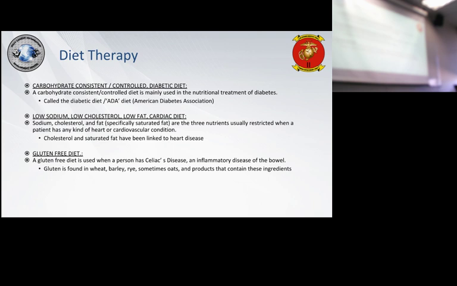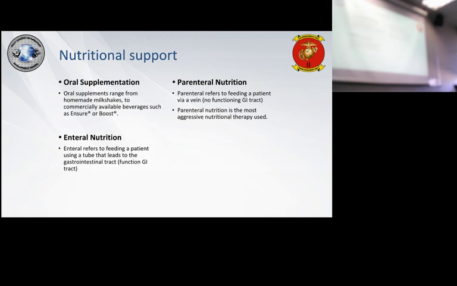Low sodium, low cholesterol, low fat cardiac diet. Gluten-free for celiac disease, which is huge right now for a lot of people. Nutritional support: you have oral supplements, parenteral nutrition, which refers to feeding a patient via vein when there's no functioning GI tract, and then enteral nutrition.